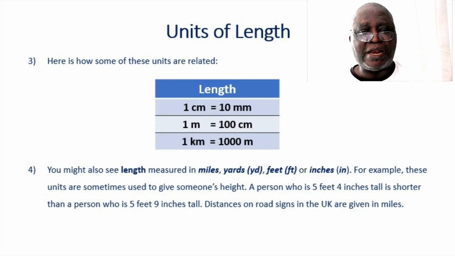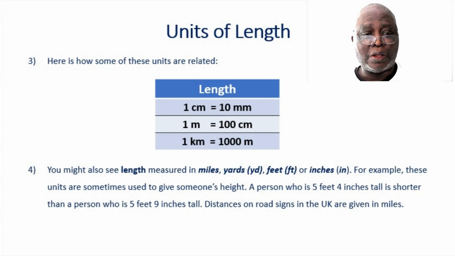You might also see length measured in miles, yards, or feet. Yards is YD and feet is FT. Related to that is inches, which is the smallest of what I've just mentioned. We used to call these units of measure, which is the British system, imperial measure.